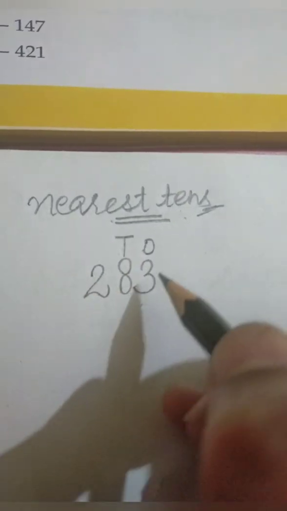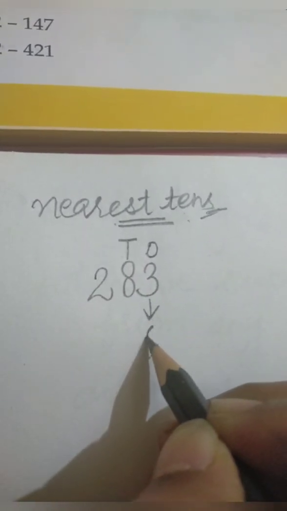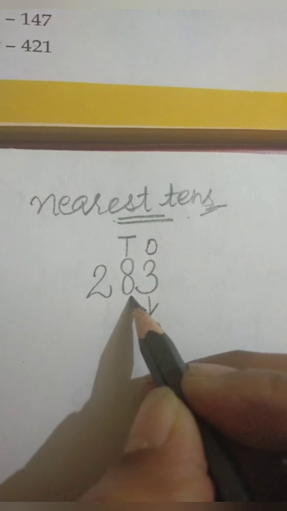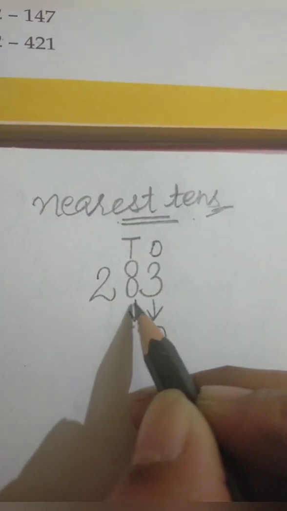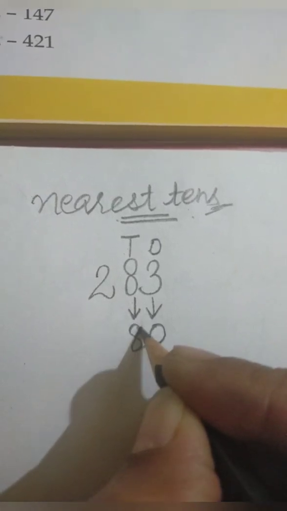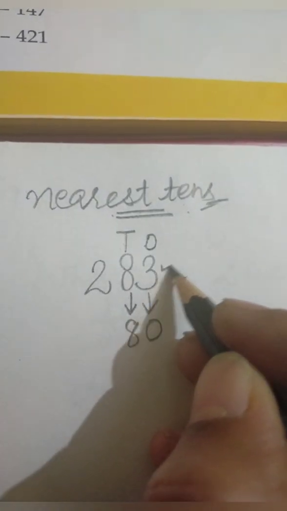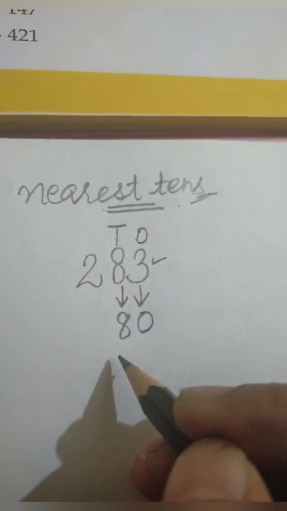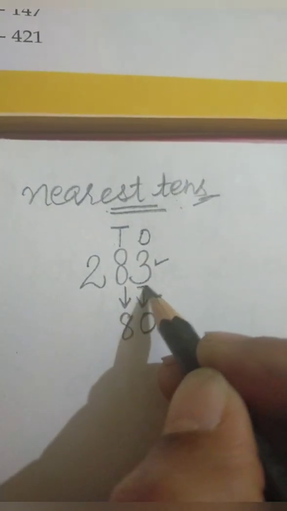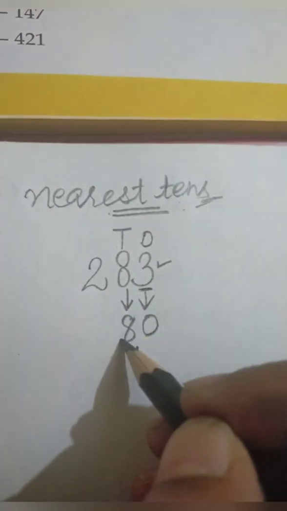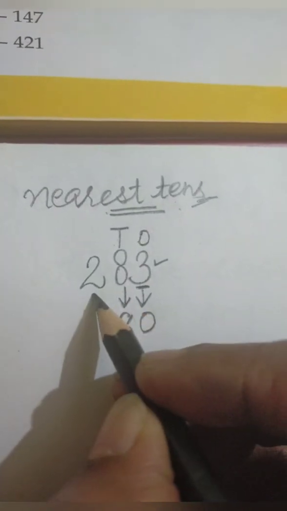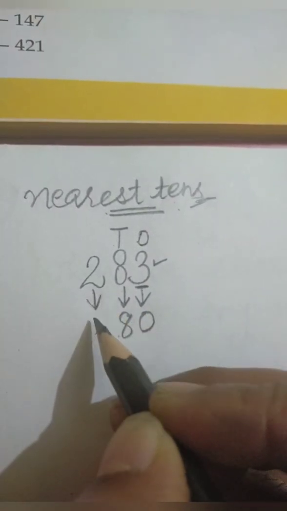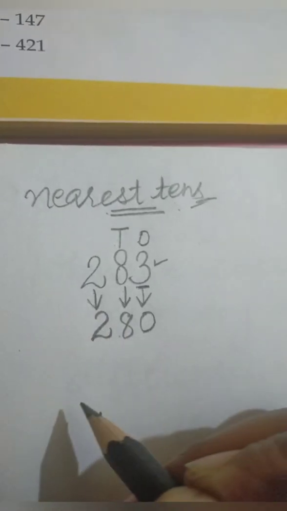Now how to estimate this? Ones place will become 0. Tens place will remain 8. Why will it remain 8? Because ones place is less than 5, so tens place digit will remain as it is. And here there is no role of this digit, so it will be written as it is.